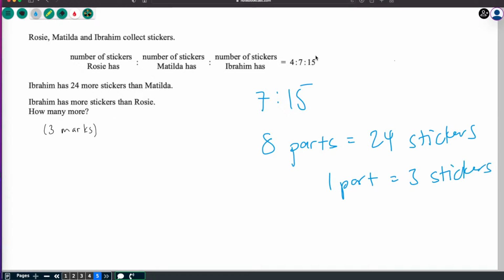And Ibrahim has 11 more parts than Rosie. So 11 parts is 11 times 3, which is 33 stickers. Okay. Answer is 33.